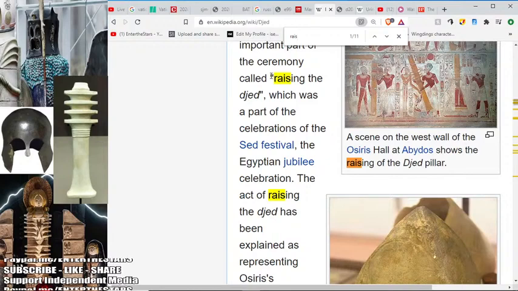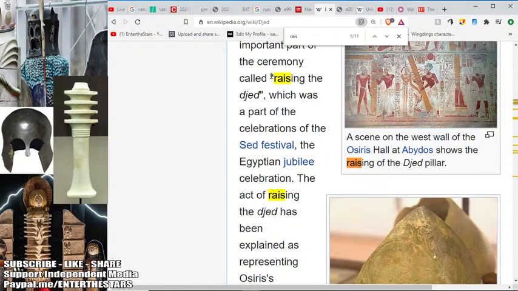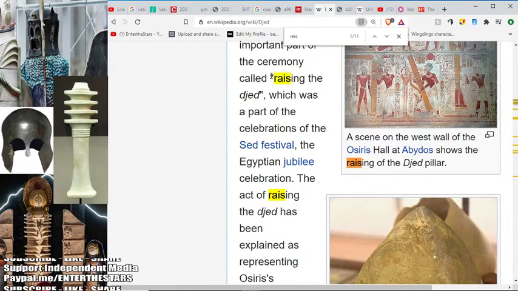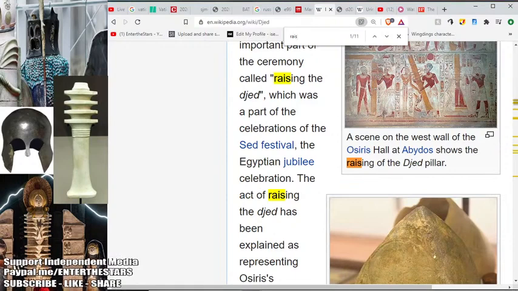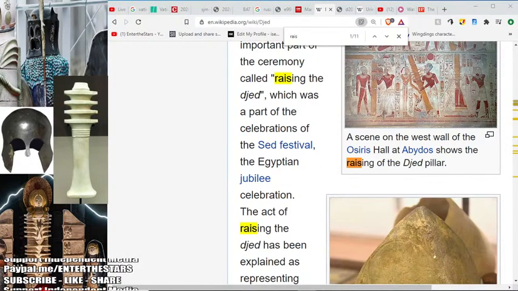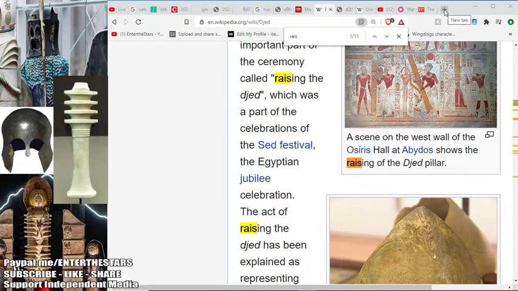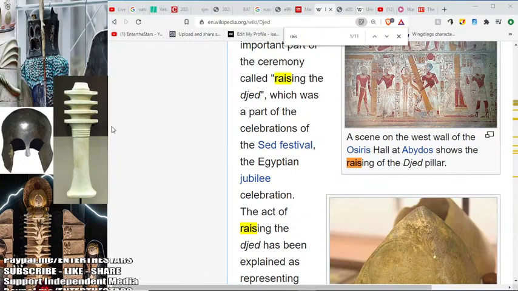Because Luke Skywalker, when he was on Yoda's home planet, raised the X-Wing fighter out of the swamp. Well, what does Luke Skywalker have to do with the ancient Jed? Those of you with ears to hear are already hearing the word Jedi inside of the word Jed.